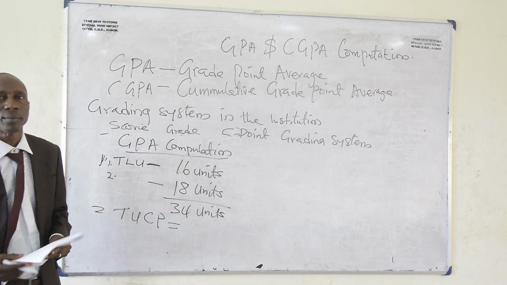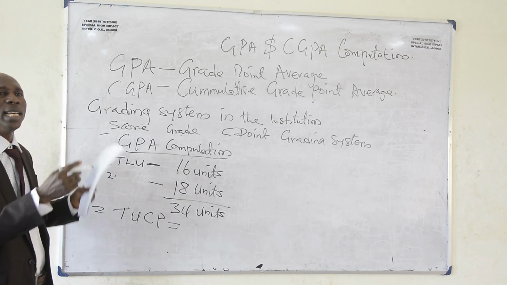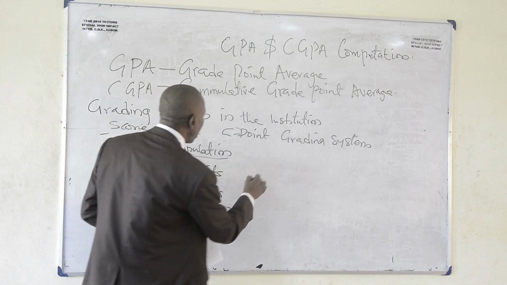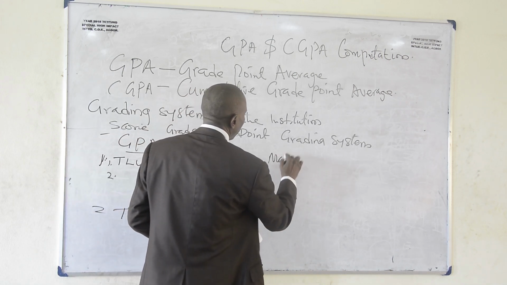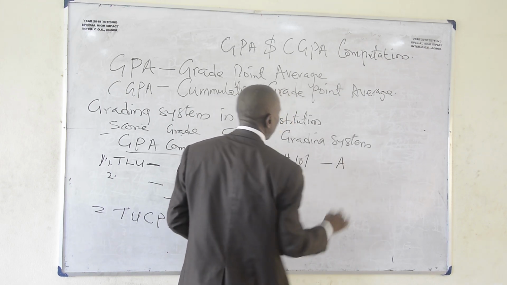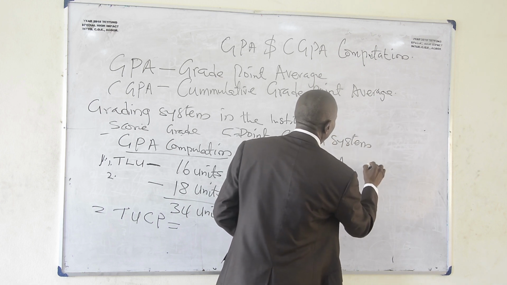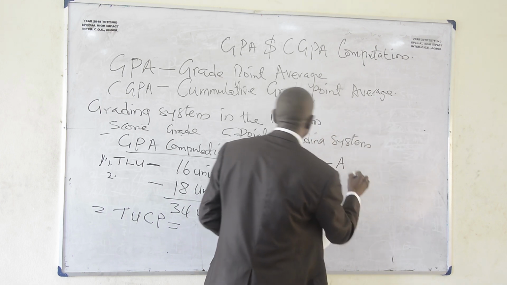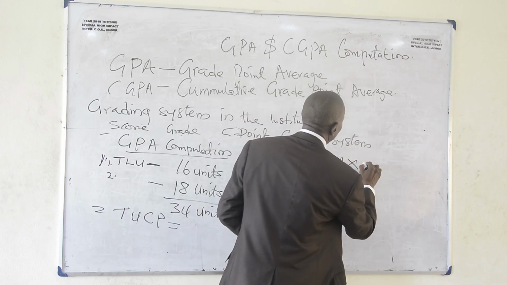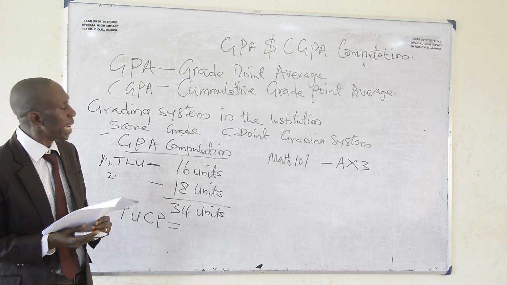Total unit credit point. The total unit credit point is the product of the units times the grade.